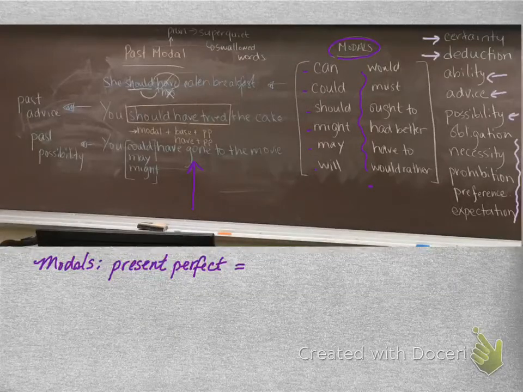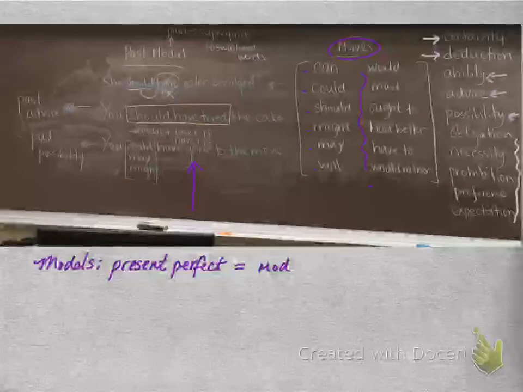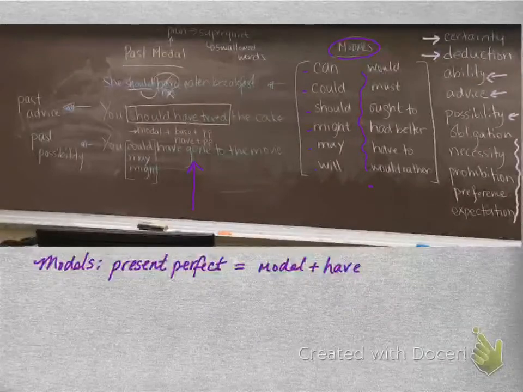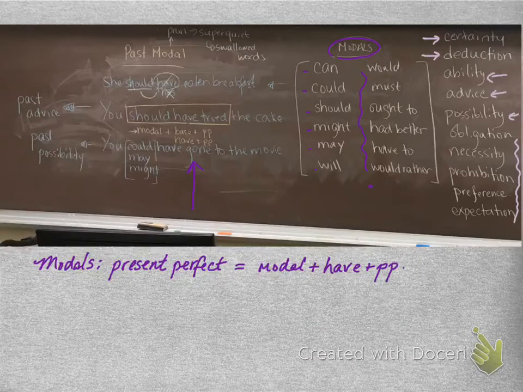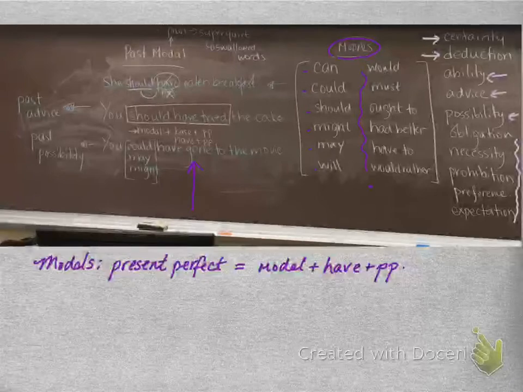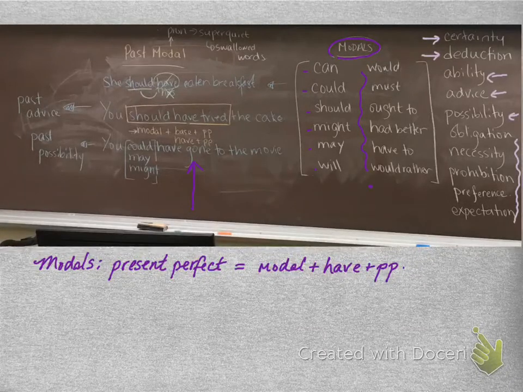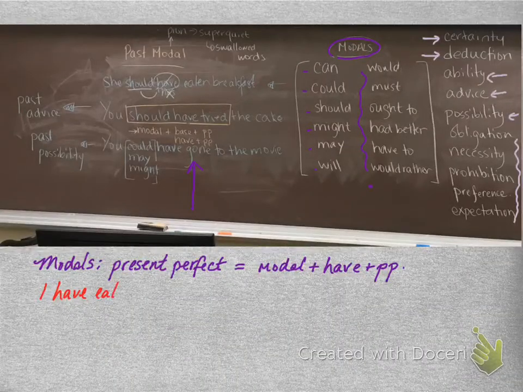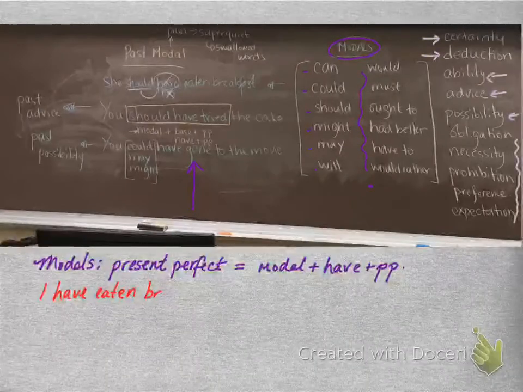So what we do is we take the modal and we add to that have, and then we add to that the past participle. So you know that when we use the present perfect in a sentence, right? Like, I have eaten breakfast.